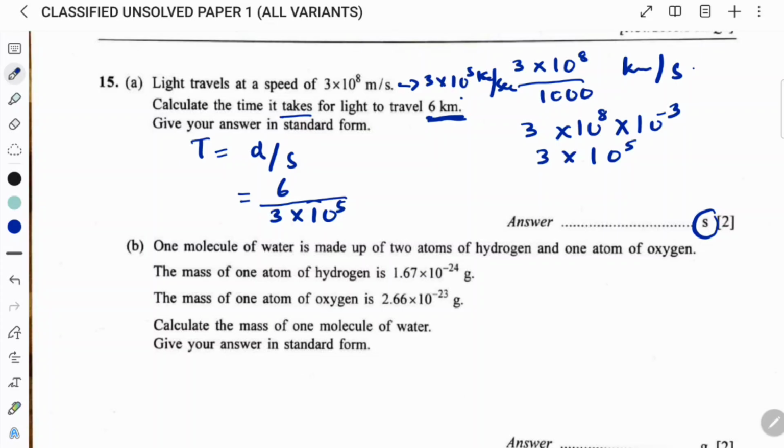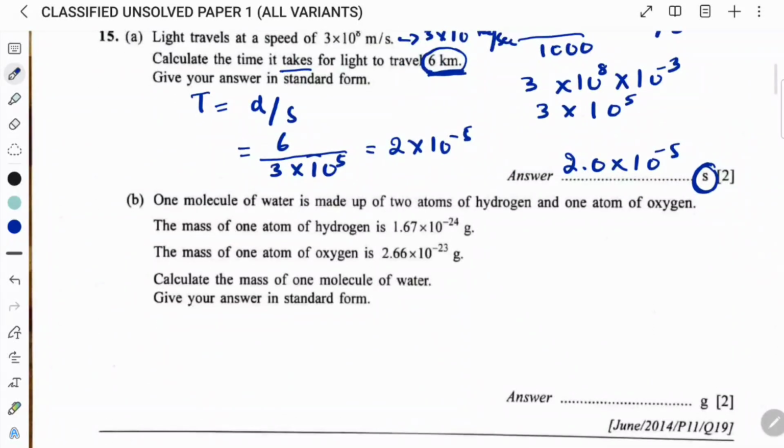Because we have to use 6 kilometers, and in the last we have to keep the time in seconds. Now 6 upon 3 is 2 into 10 to the power of minus 5, or you can write 2.0 into 10 to the power of minus 5.